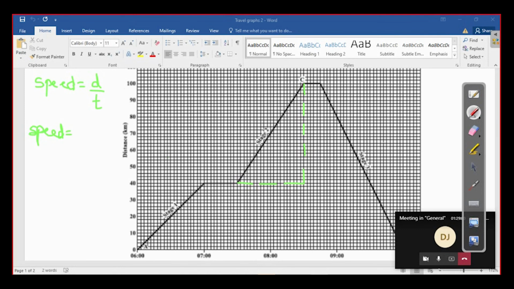And anybody wants to tell me what distance was covered in stage 2? What distance was covered in stage 2? How are we going to determine the distance covered on the journey in stage 2?